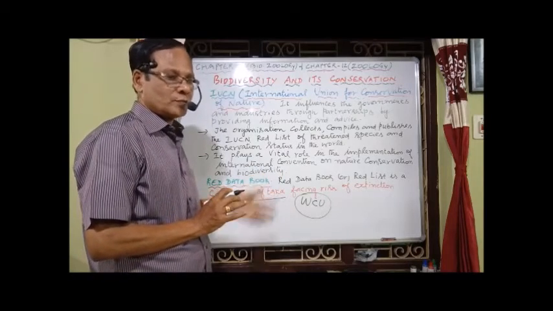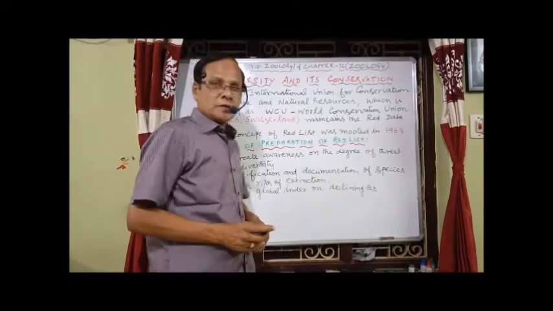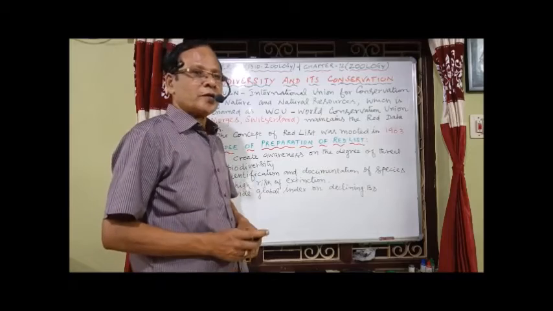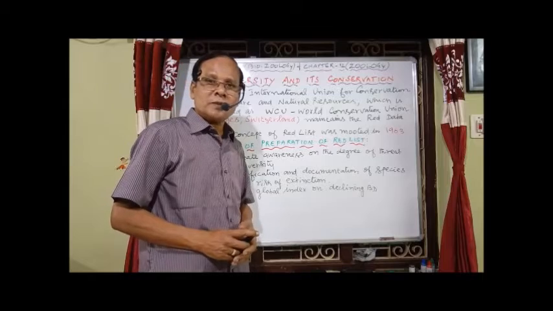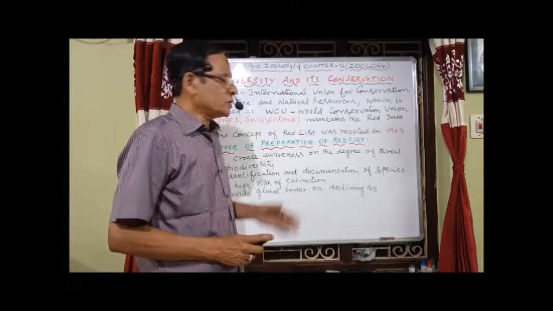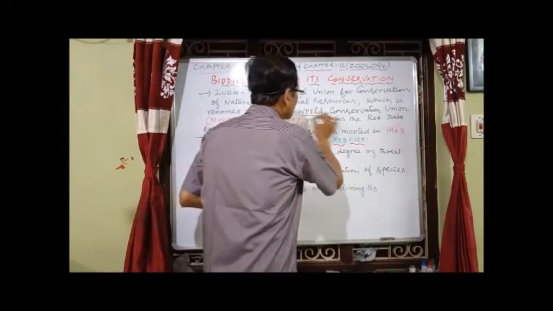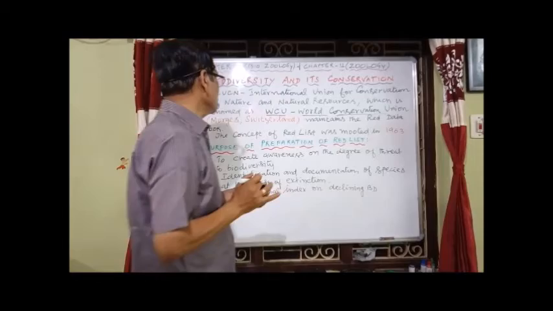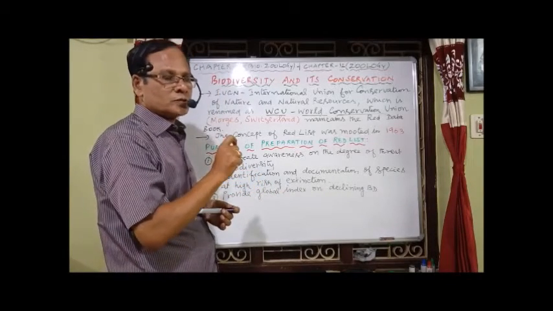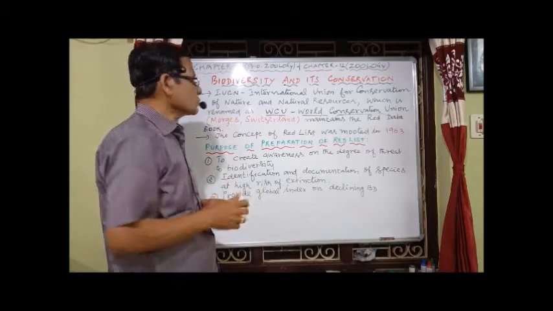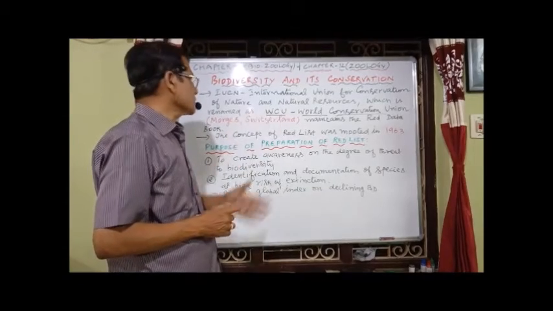So we have to go for information about the Red Data Book. The Red List or Red Data Book is maintained by IUCN, the International Union for Conservation of Nature and Natural Resources, which is now renamed as WCU, the World Conservation Union, located in Morges, Switzerland.